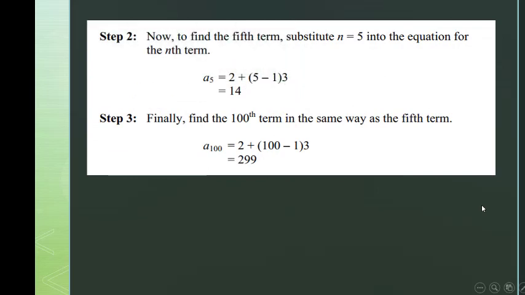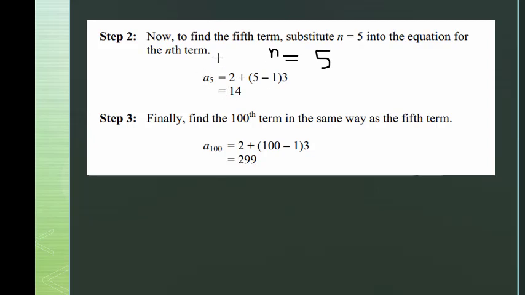And we can get the fifth term by substituting 5 instead of n.